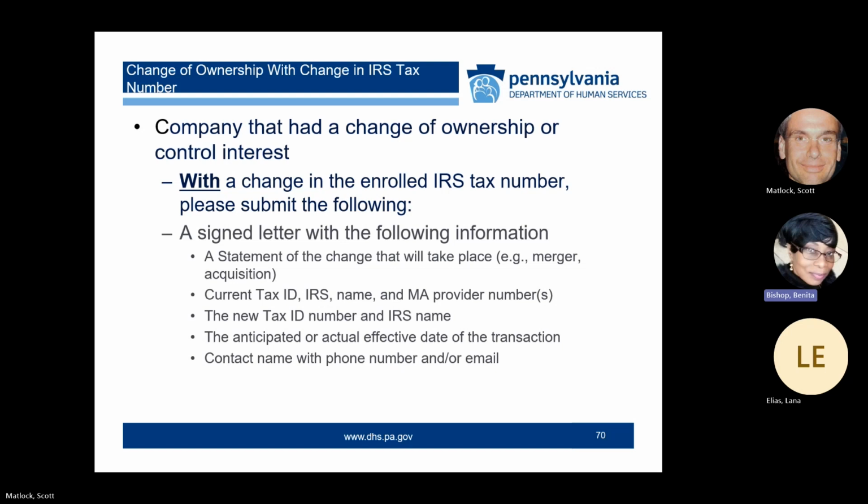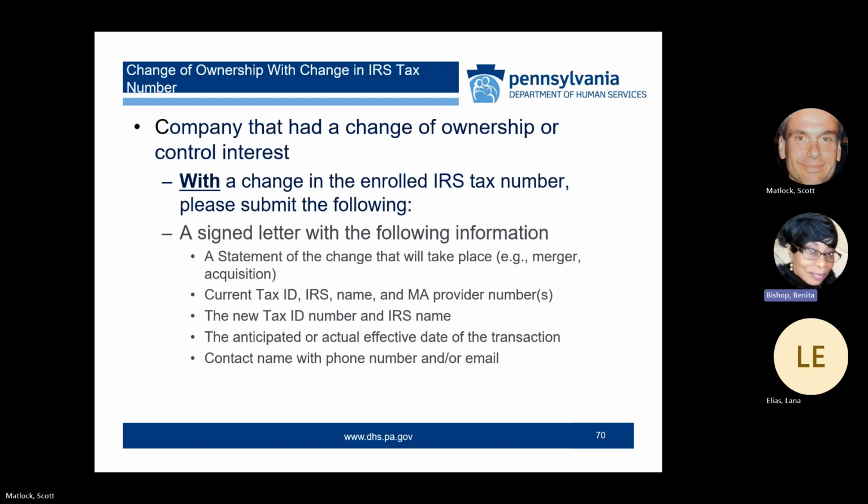You will have a signed letter with the following information: a statement of the change that will take place, for example, merger, acquisition; the current tax ID, IRS name, and the medical assistance provider number; the new tax ID number and IRS name; an anticipated or actual effective date of the transaction; and a contact name with phone number and/or email.